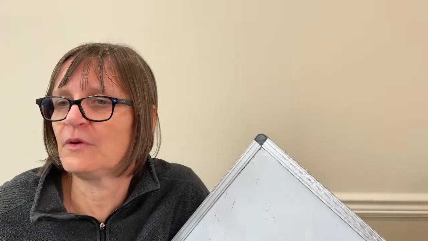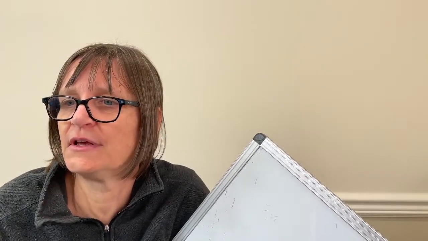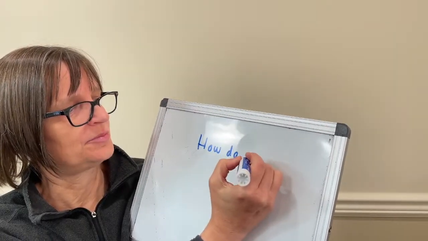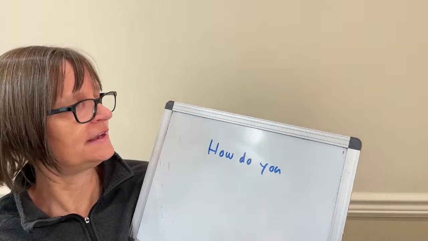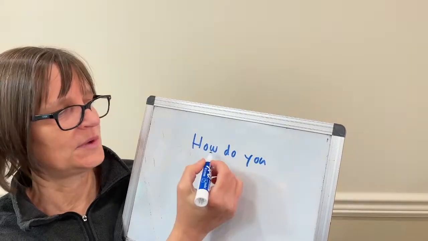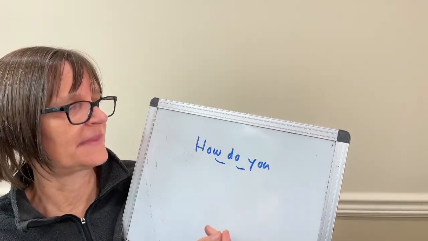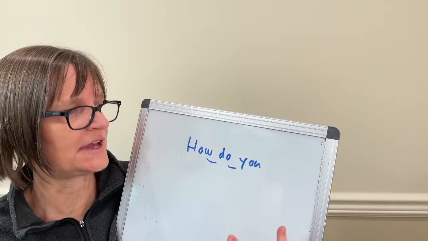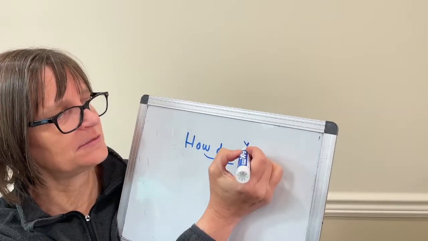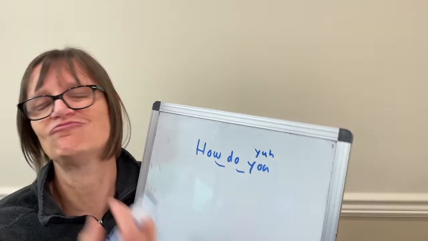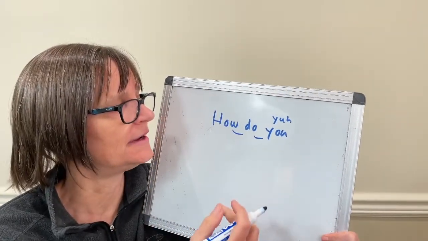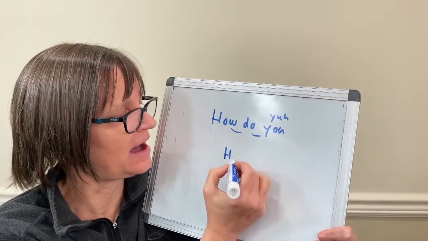We have a question about how do you in fluent US accent. So how do you pronounce, how do you like your coffee, how do you. We just pretty much link it. It depends on what's coming. How do you can sometimes get reduced to a yuh. In this case, I think more frequently we would keep the oo. How do you? So really just thinking about the ow.